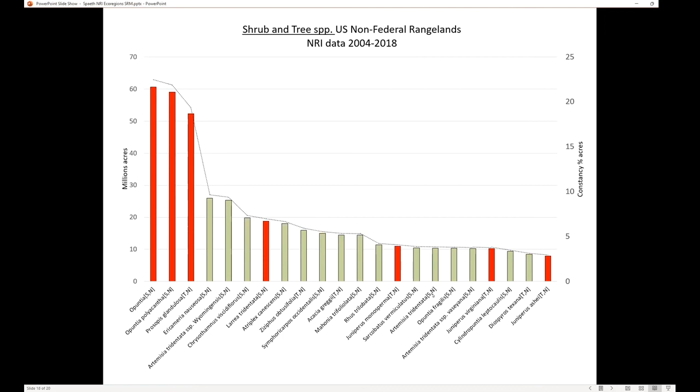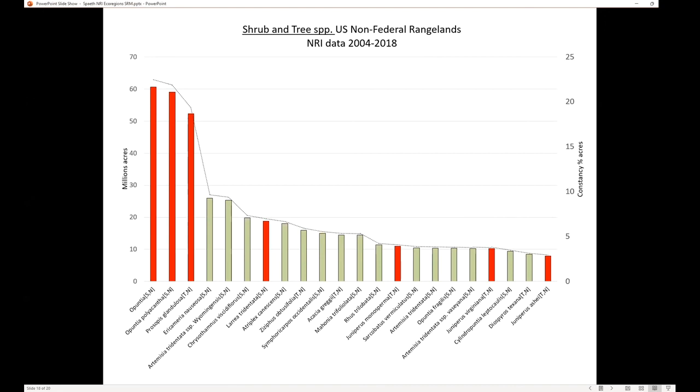So hopefully here we presented at least the power of the NRI in establishing some benchmarks and starting points to evaluate future conditions and future resource concerns. Only experimentation can sort out the underlying factors of plant community change.